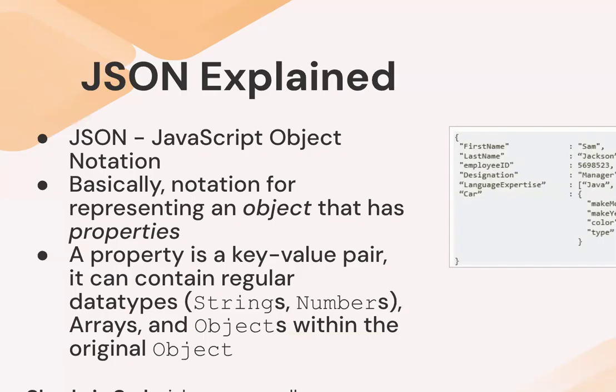An example of a property would be first name, which is the key, and the value would be Sam. Another property would be last name. The key is last name, and the corresponding value is Jackson. Everything contained within those curly braces is part of that object. It can contain any kind of data type per property: strings, numbers, arrays, and also objects within that original object as well.